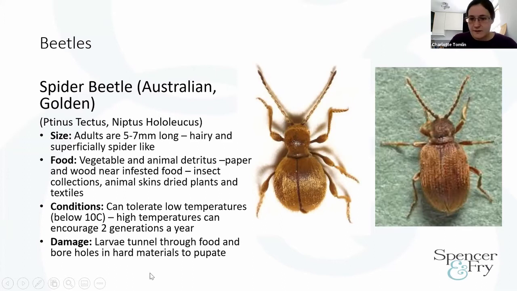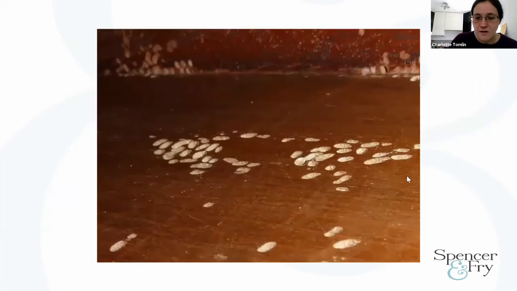So when looking for the damage they do, they leave sort of irregular holes in materials and cavities in harder materials. And you're more than likely to find adult beetles on traps. So something like this. So here, a wooden material, a larvae has eaten into it to pupate.